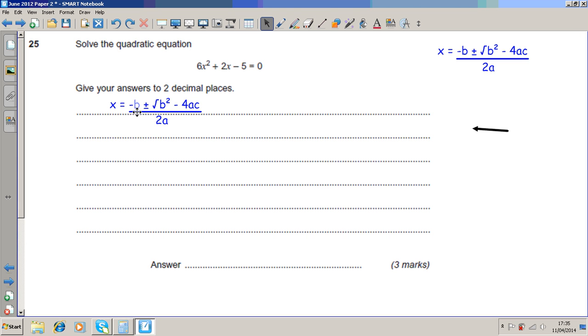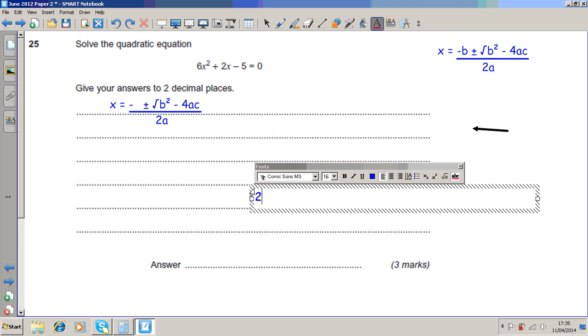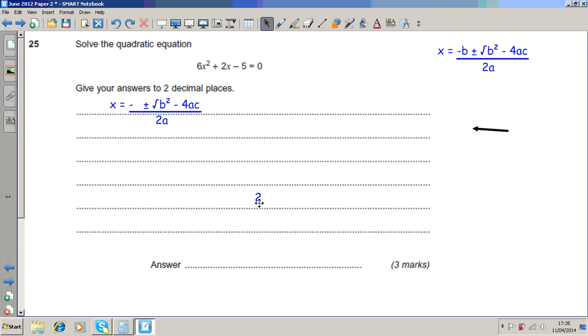Right then, so I'm going to take off my b and swap it for my b number, which is the number 2. So my b swaps out for the number 2, and my b here swaps out for the number 2. Then I've got 4 times a times c.